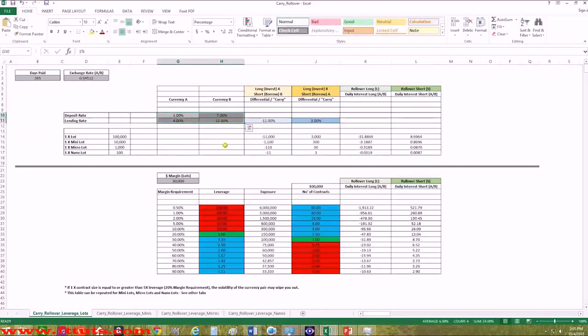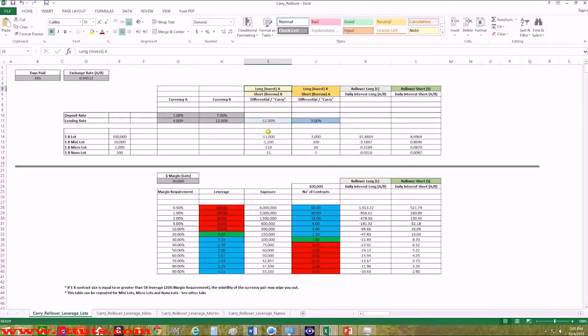These assumptions can be changed, so check your trading platform, and you can actually use the numbers from trading platforms to see what interest rate over 365 days the broker has for their deposit rates and lending rates for particular currencies. So these assumptions can be changed, and so can these. Now what matters is the interest rate differential, so the difference between the interest rates.